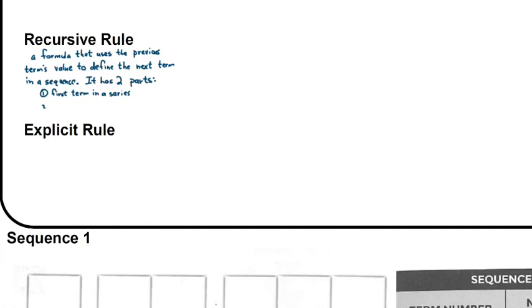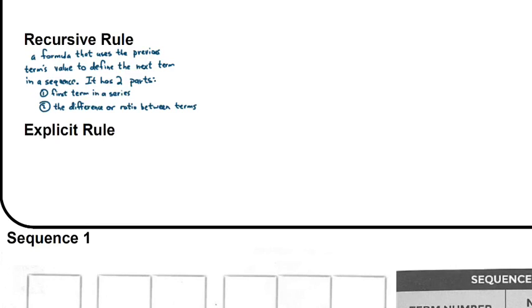And the second part is the difference or ratio between terms.